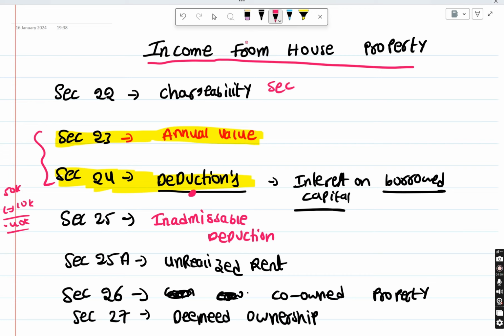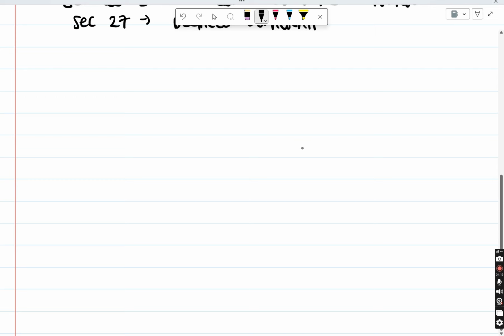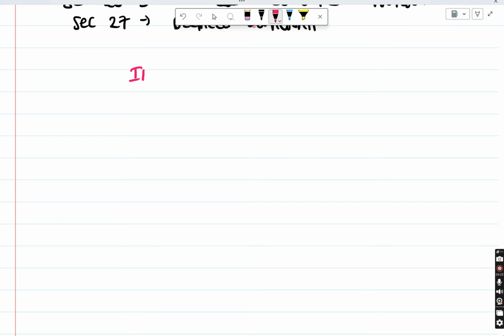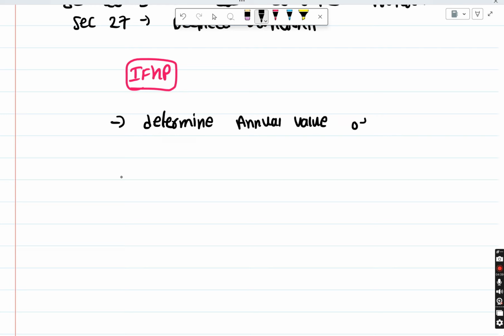Now first thing is the chargeability section. There is nothing much to learn in this chargeability section. So what exactly is chargeable to tax? First of all, under IFHP, if you want to tax anything, you need to determine something called the annual value of the property. First of all, what is meant by annual value?